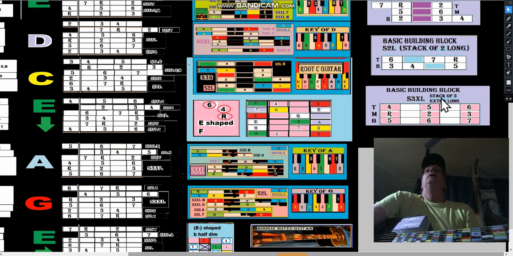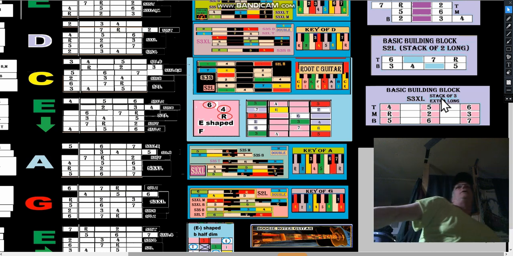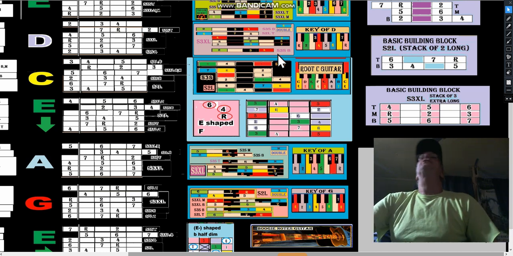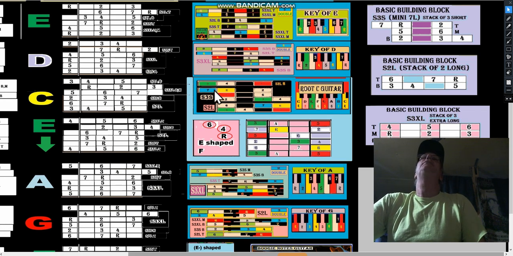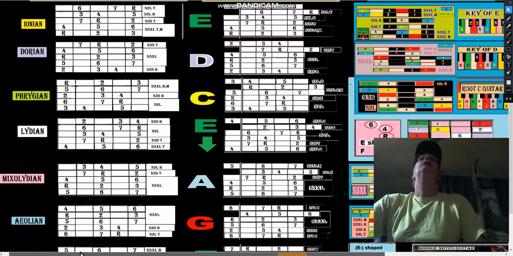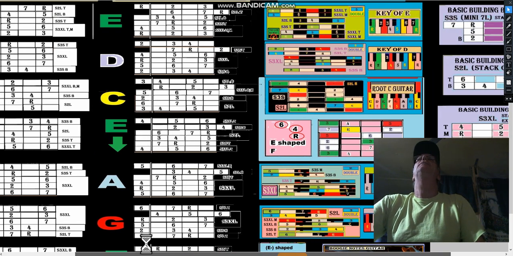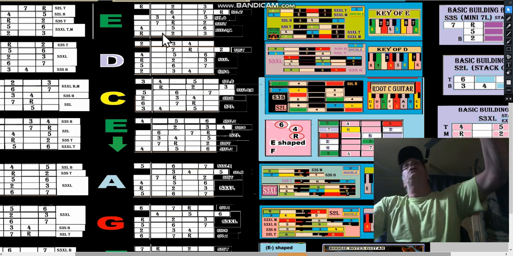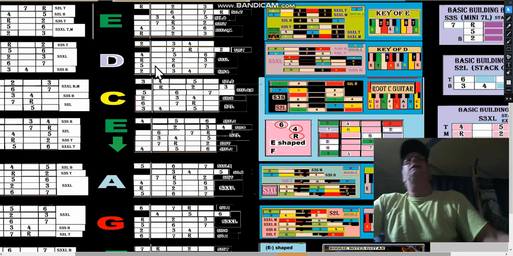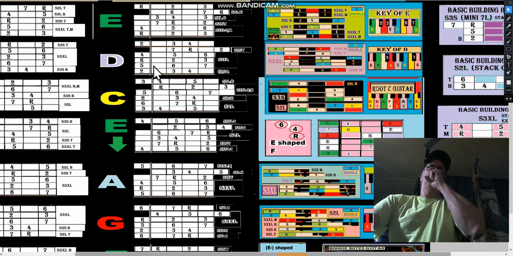Okay, so we know that these patterns, I put this here just to kind of reinforce what's going on. And let's say over here now, let's look at D, because we want to get off E. Let's look at D. Right here, I have a fret nut.